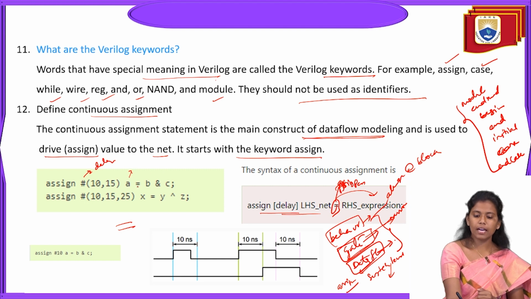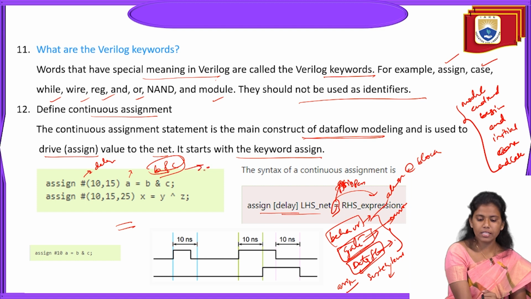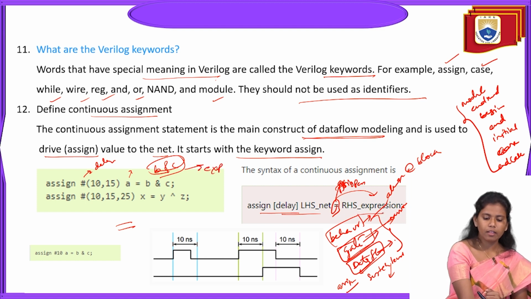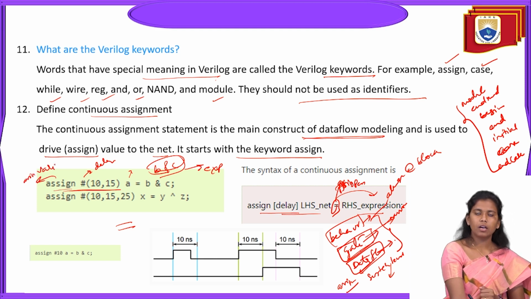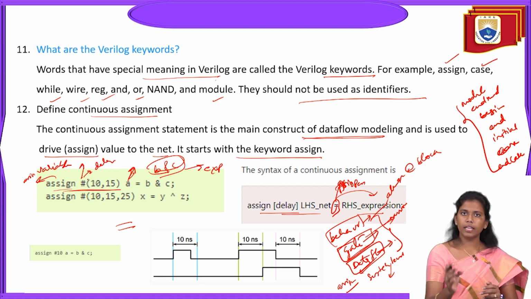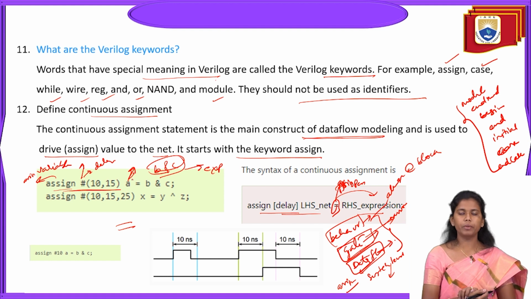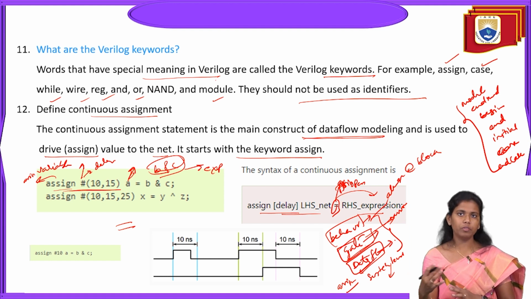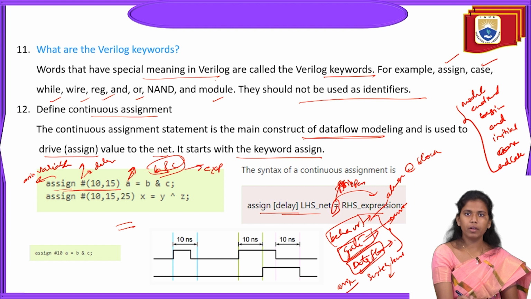B and C are the right hand side expressions, and the left hand side is where we assign the variables. My variable is A, and the delay is also written there. So delays as well as variables can be represented to the left of the assignment operator, and to the right of the assignment operator the expressions are written.